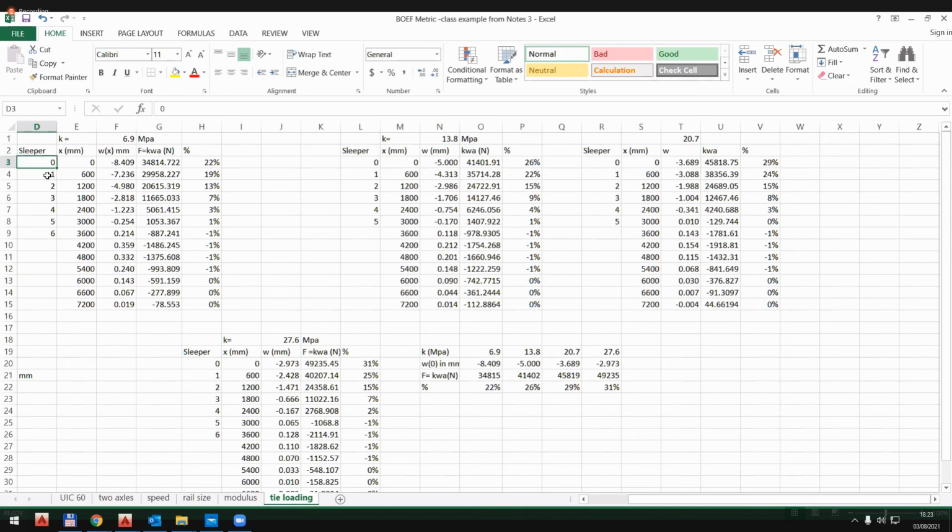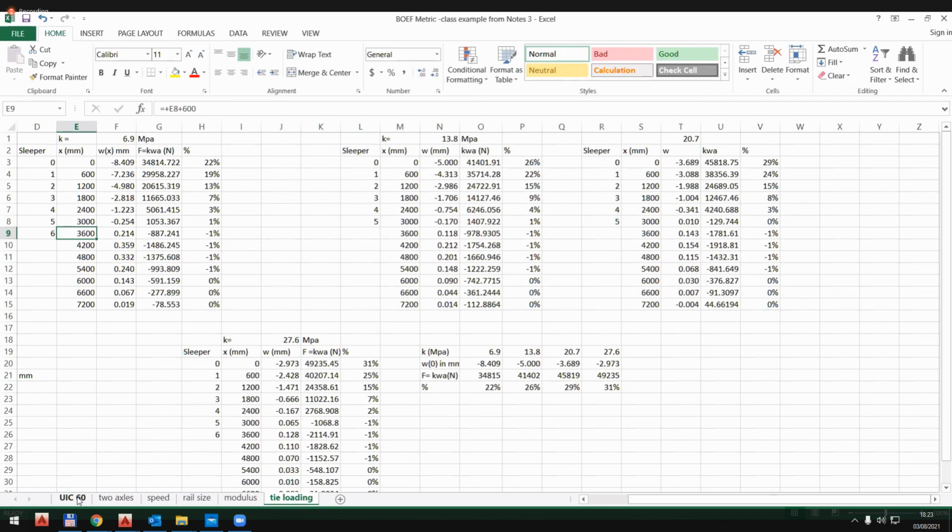I have a sleeper spacing of 600 millimeters. So sleeper 1 is at 600, sleeper 2 is at 1200, sleeper 3 is at 1800, sleeper 4 is at 2400, sleeper 5 is at 3000, sleeper 6 is at 3600.